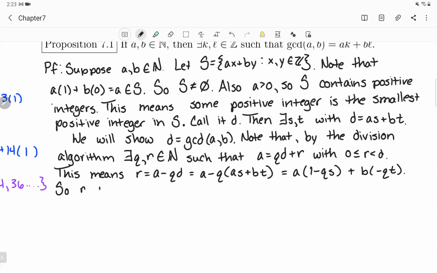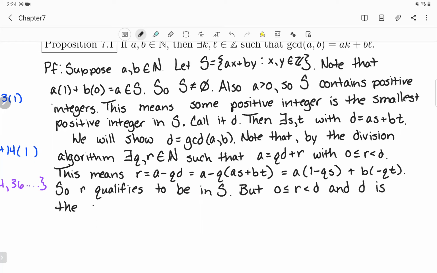So R qualifies to be in S. Here we go, but 0 is less than or equal to R is less than D, and D is the smallest positive integer in S.